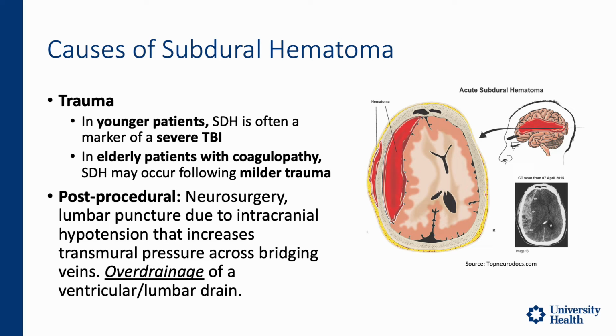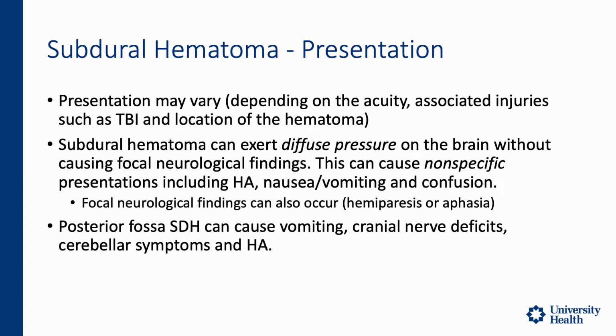Usually these shunts or even lumbar punctures drain excess cerebral spinal fluid from the brain, which can lower the intracranial pressure. But if too much cerebral spinal fluid is drained at once or subsequently, the ventricles in the brain can decrease in size, and this can cause the brain to pull away from the skull, which can cause stretching and tearing of those tiny veins that connect the brain to the dura mater, and this can also cause your subdural hematomas.